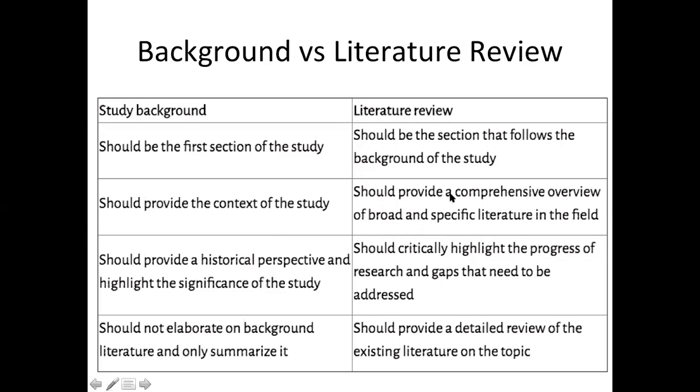While in the literature review, we provide a comprehensive overview of broad and specific literature in the field. In some cases, in the background, we mention a lot of studies, but we don't need to mention numbers or specific findings of those, but we compare their findings from one to another.